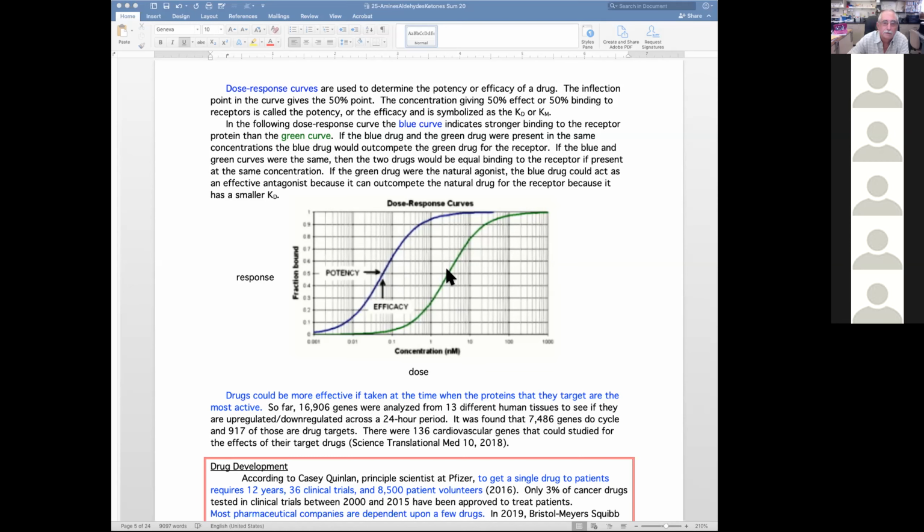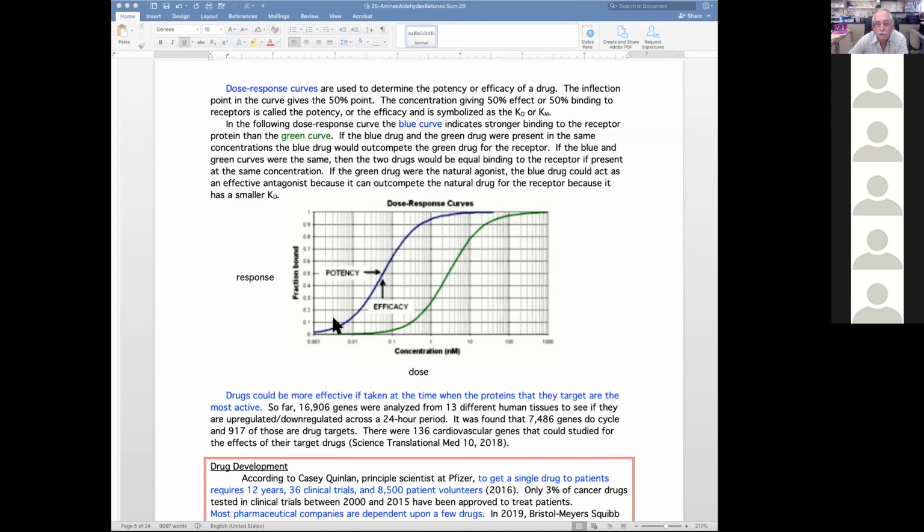What does that mean? The blue one is 50% bound at maybe 0.08. This is nanomoles per liter. The green one, 50% bound to the receptor at, what is that? Oh, it's logarithmic. So that's maybe, I don't know, 6. So this one would be an effective drug.